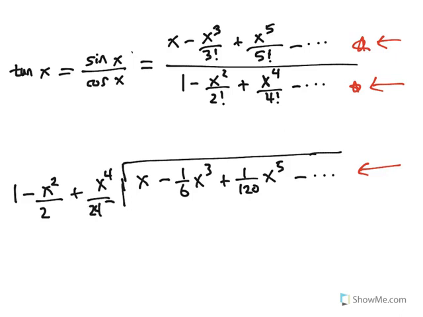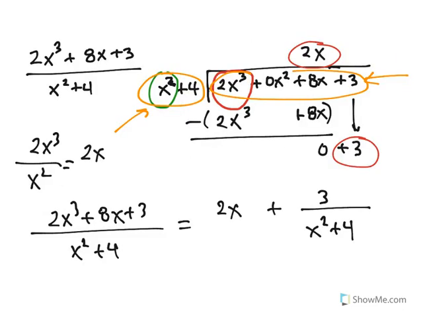And of course, there are infinitely many, but I don't really need to write more than this, because in the instructions, all I'm interested in are the first 3 non-zero terms in the Maclaurin series for tangent x. So we apply the same polynomial division algorithm that we saw earlier.